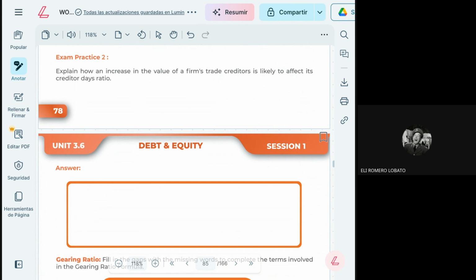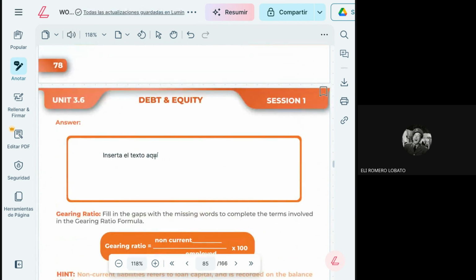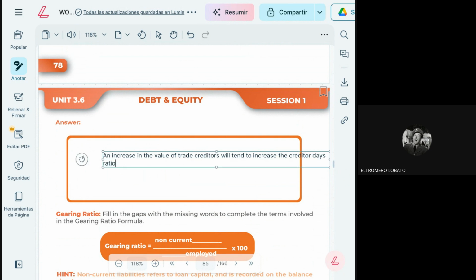For example, in this case, I could say that an increase in the value of trade creditors will tend to increase the creditor days ratio.